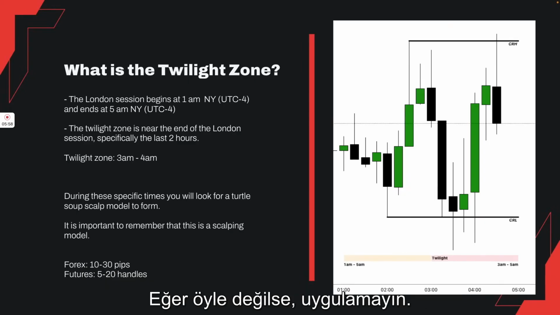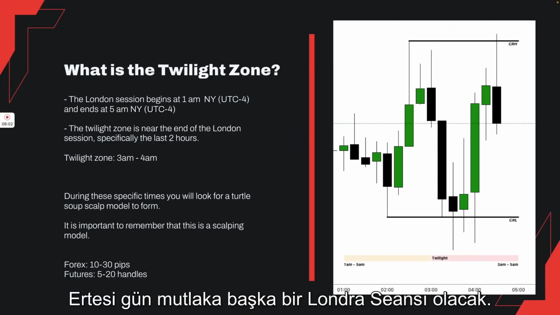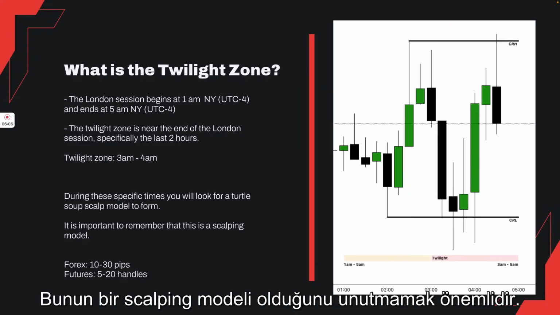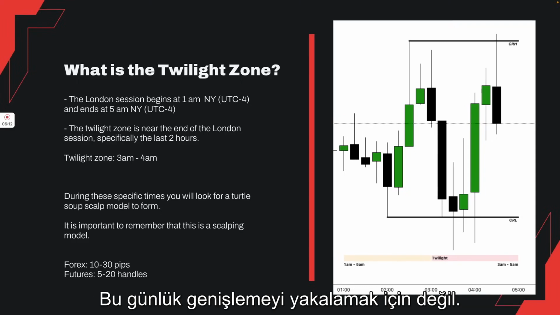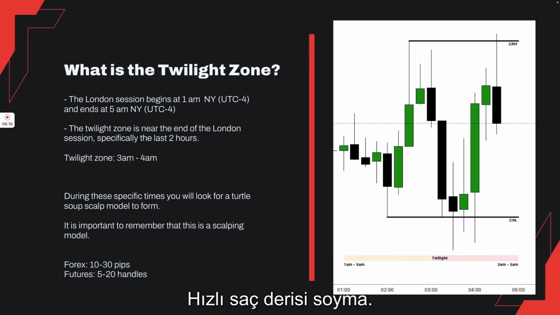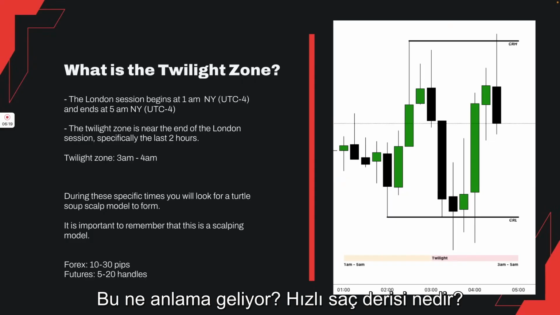And if it isn't, you do not execute. There will always be another London session the next day. It is important to remember that this is a scalping model. This is not to catch the daily expansion. Quick scalps. What does this mean?